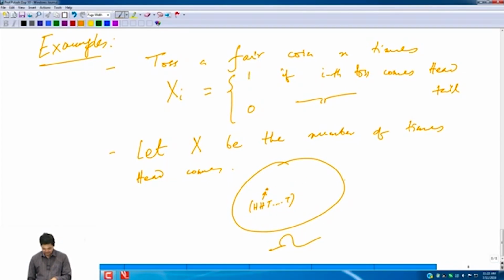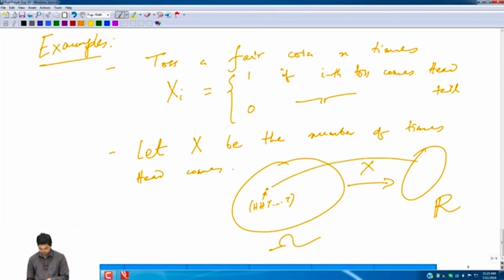This random variable x maps this set to the set of real numbers. It is a function, and it counts the number of heads. Suppose this point gets mapped to some number, say n by 3. So the left side is the sample space, the right side is the real numbers, and x is my random variable.